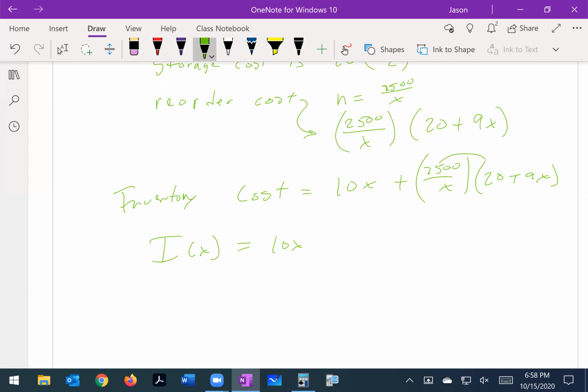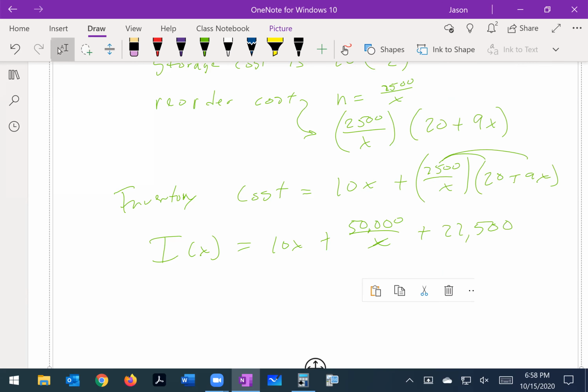Maybe I'll distribute this, because I'm going to have to take a derivative in a second. 20 times 2,500 is 50,000 over X, plus 2,500 times 9X over X. The X's cancel, which is kind of cool, so that's just 2,500 times 9, which is 22,500.